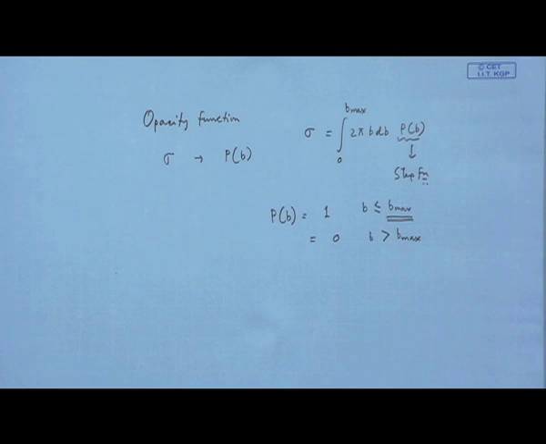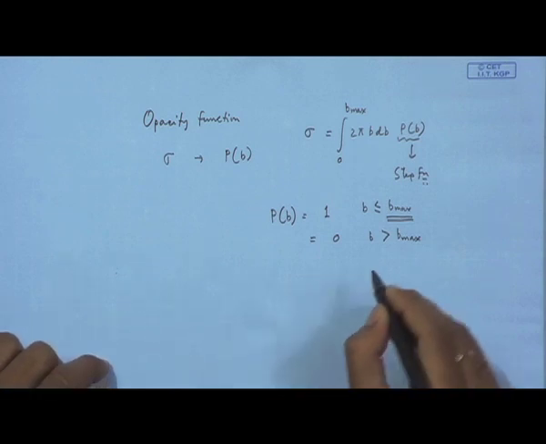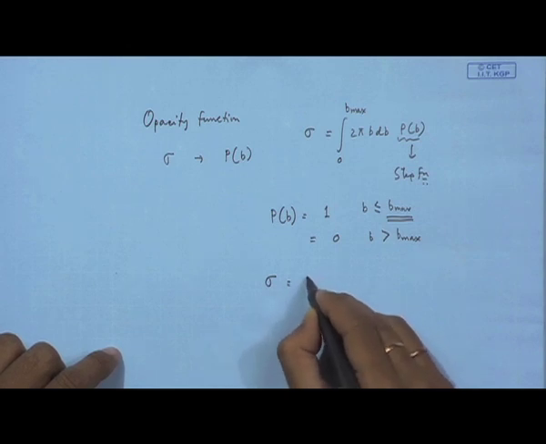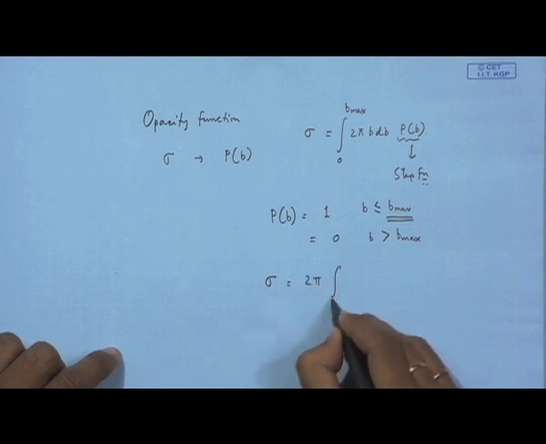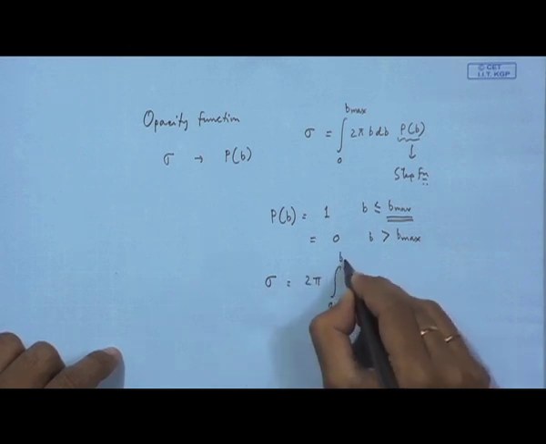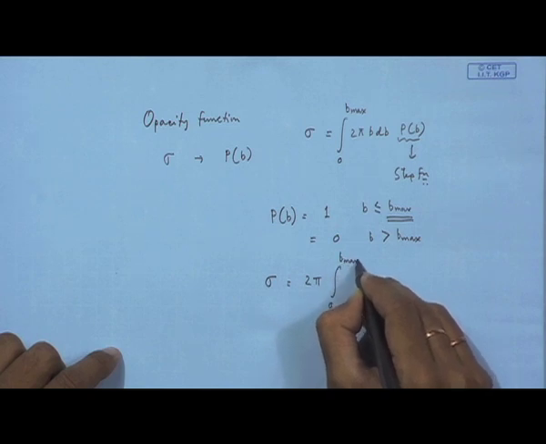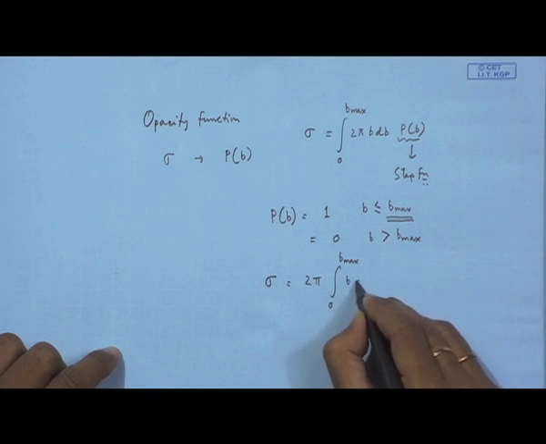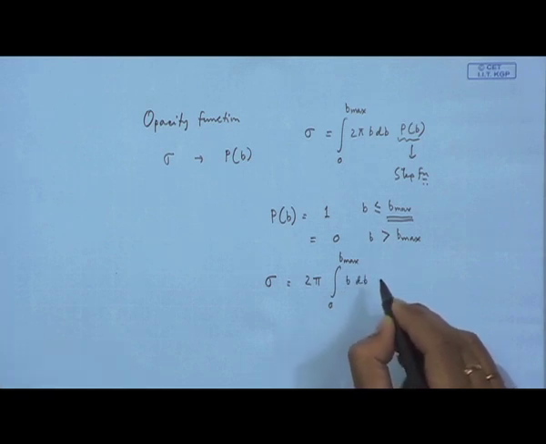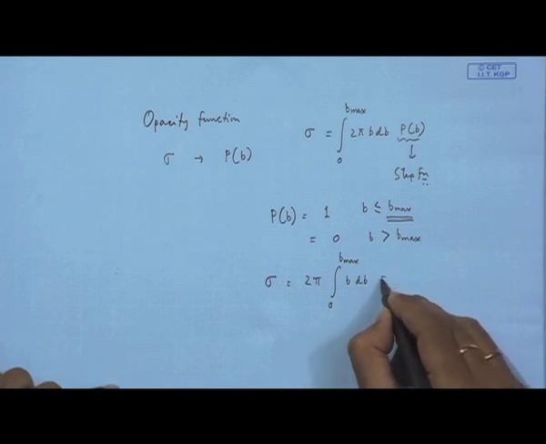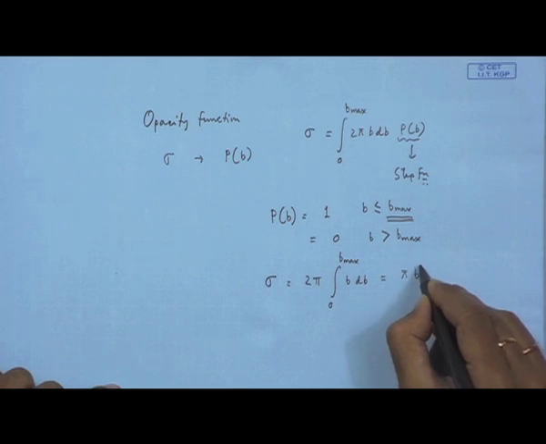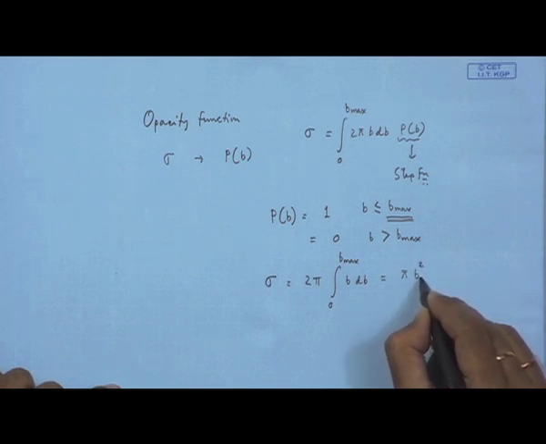In that case your sigma will be equal to twice pi integration from 0 to B max of B dB, and that will give you pi into B square max.